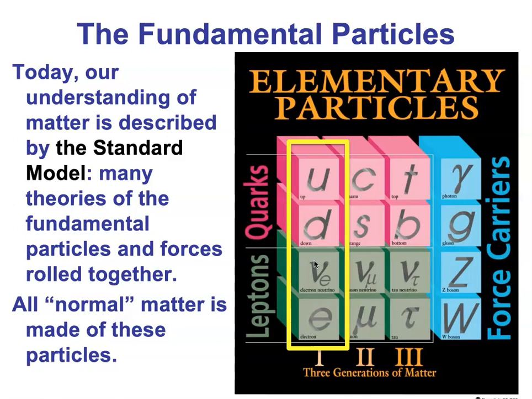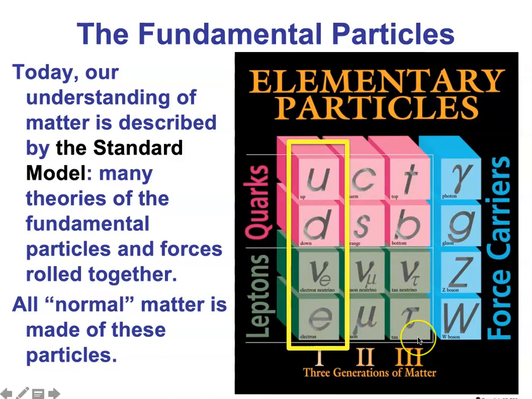So for our purposes in this class, we're mostly interested in this first column here, what particle physicists call the first generation of matter. Up and down quarks make protons and neutrons. You throw on some electrons orbiting around those protons and neutrons, and you've got atoms, and from atoms you can make molecules and everything else in the universe.